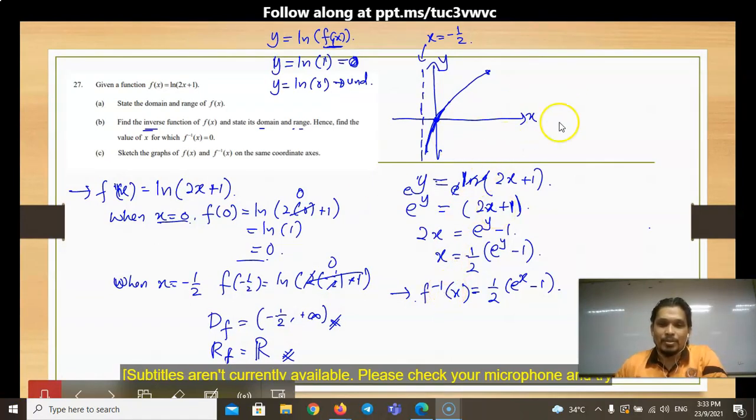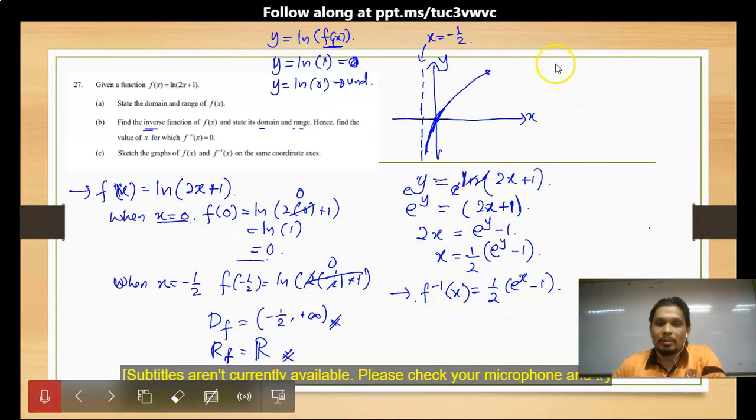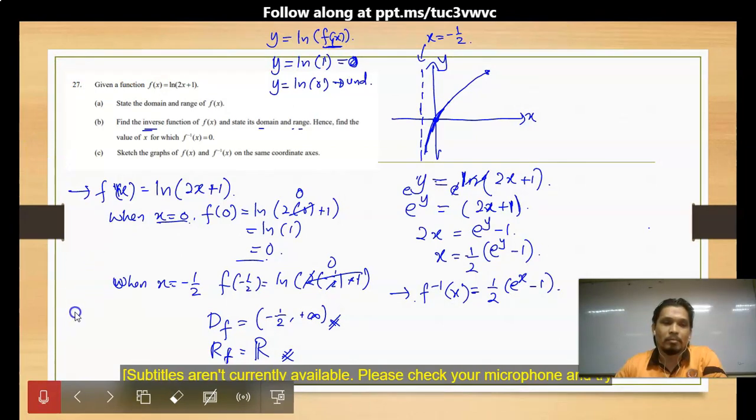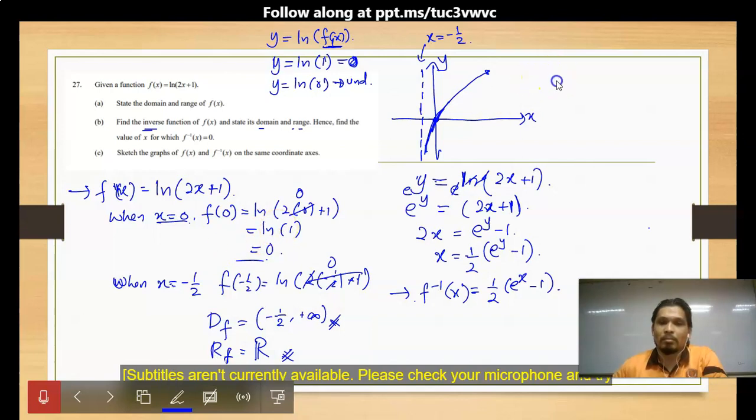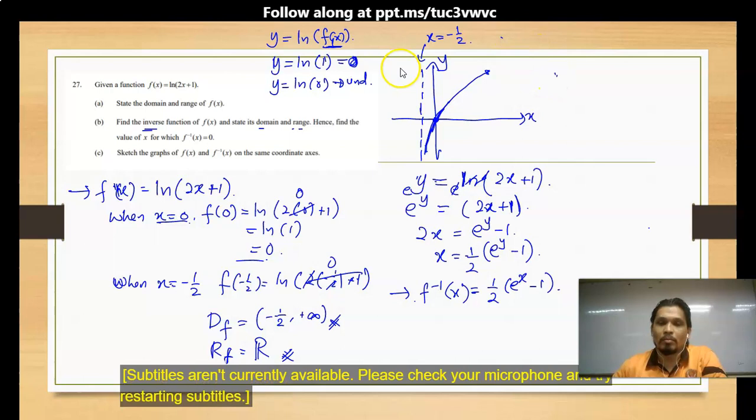So f inverse: 1 over 2 times e to the power of x minus 1 equals 0.